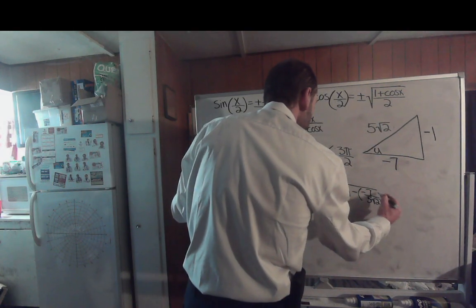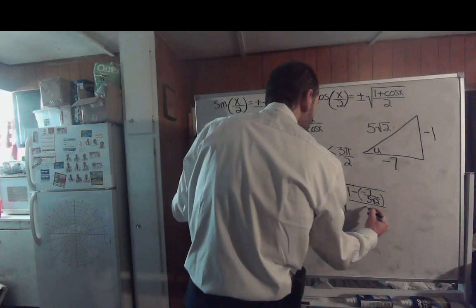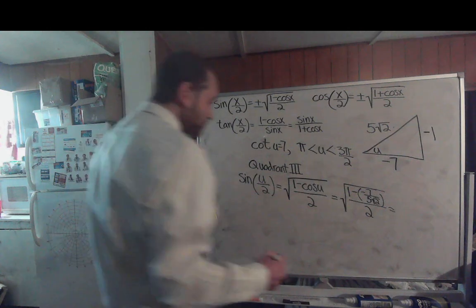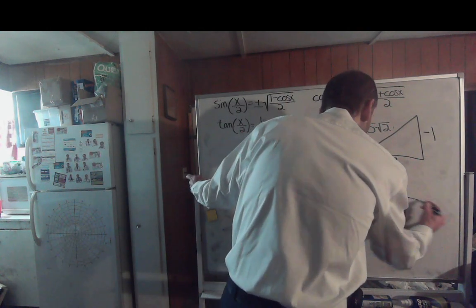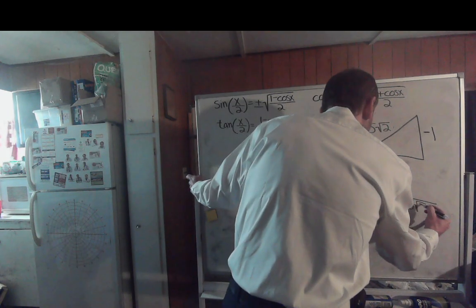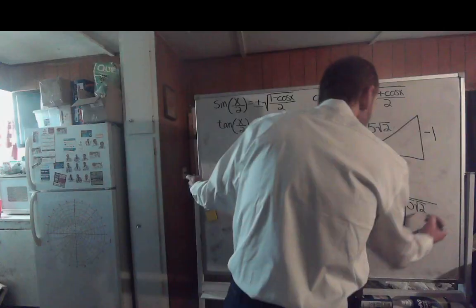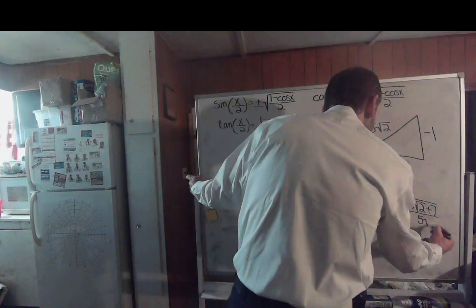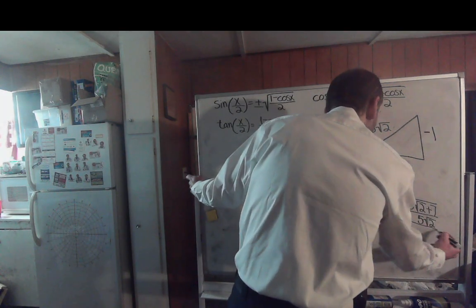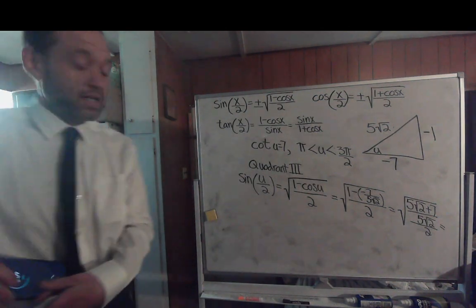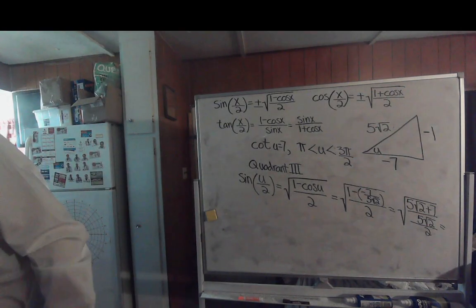That's going to be a little bit hideous. All that all over 2. Well, this would turn into the square root of 5 times the square root of 2 plus 7 over 5 times the square root of 2, all over 2. This is not going to be a pretty answer, but it's going to be what it's going to be.